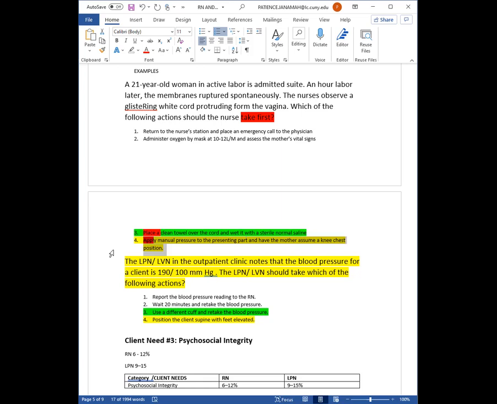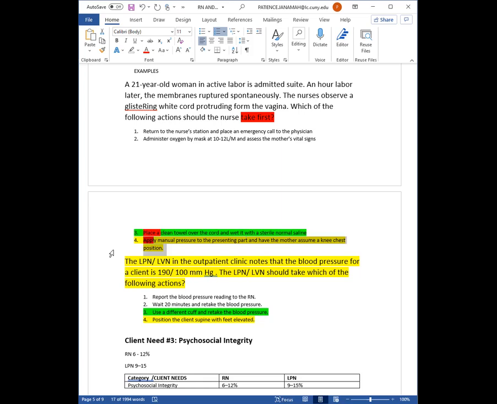The cord is the presenting part. Instead of the baby's head or body part presenting, it is the cord that is coming out. We don't deliver the cord first, we deliver the baby first. So you have to push the cord back a little, then apply pressure and have the mother assume that position to relieve pressure and deliver the baby.